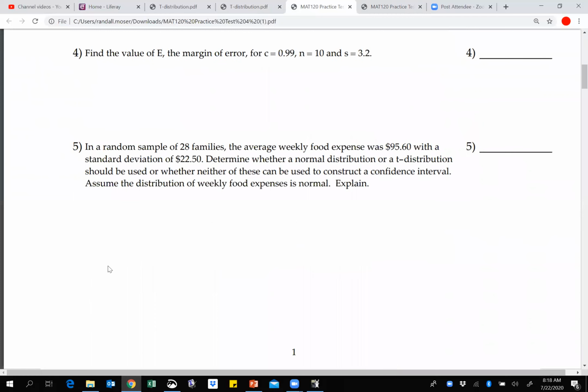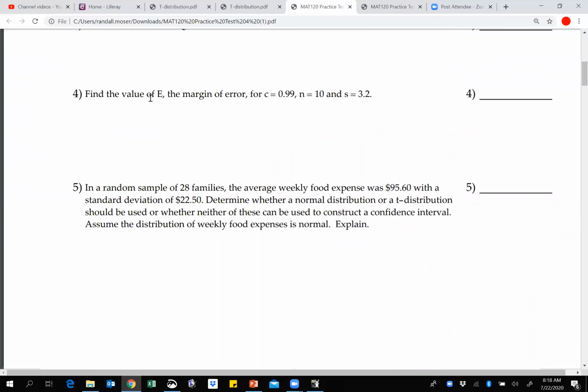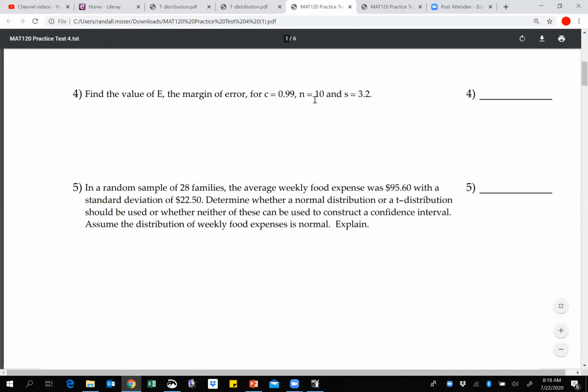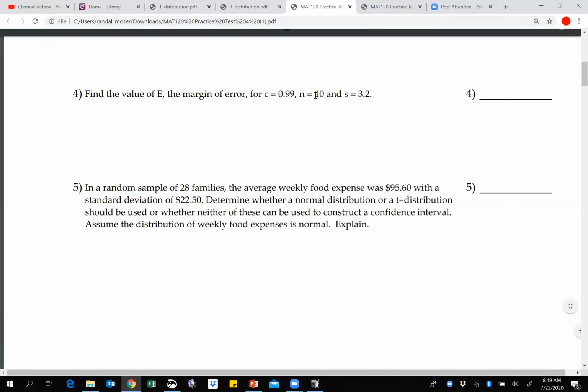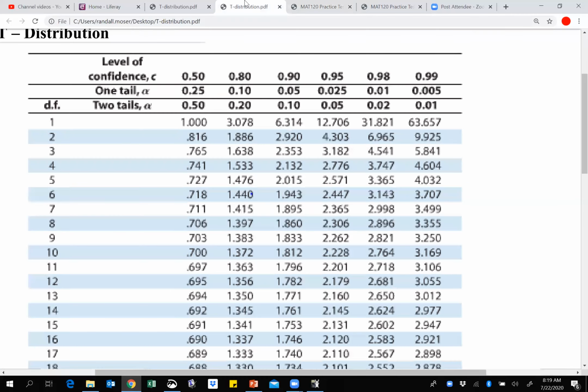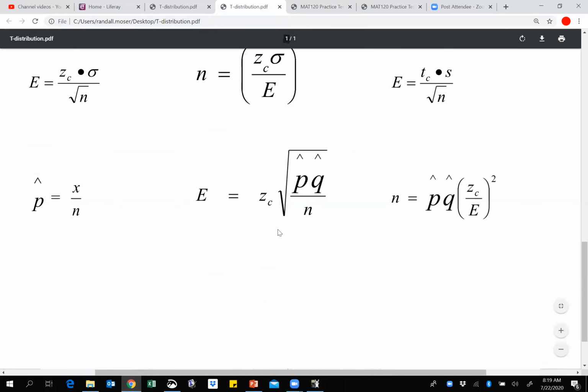Okay. We also are able to compute a margin of error using a t-critical value. Typically, you use the t-score when you have a small sample size, and for us, small means less than 30. So if n is less than 30, and in addition, if we don't know the population standard deviation, that's when we use the t-score.